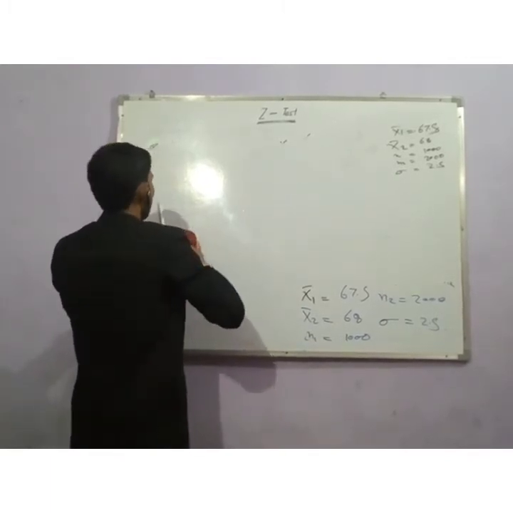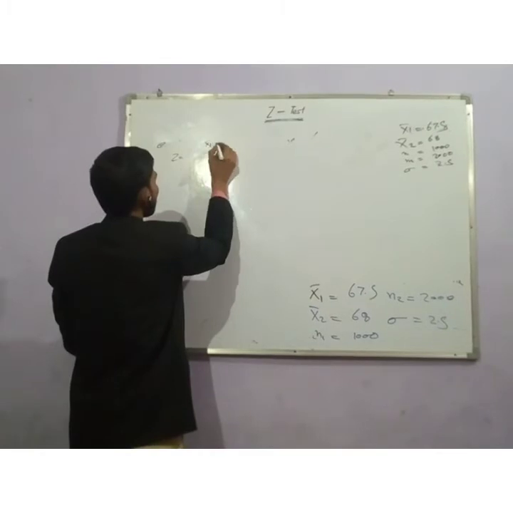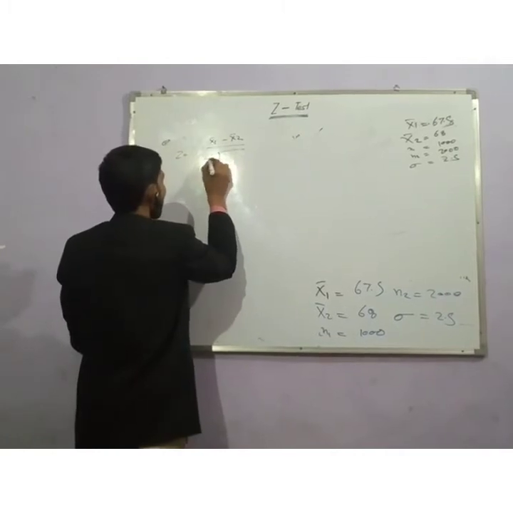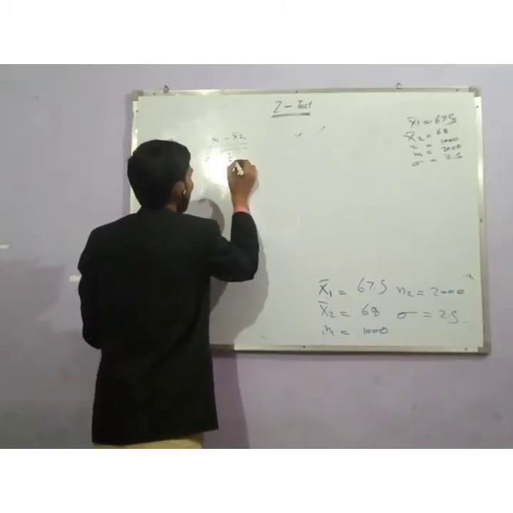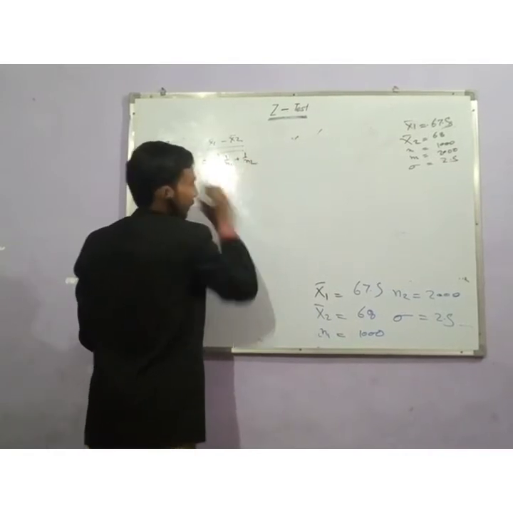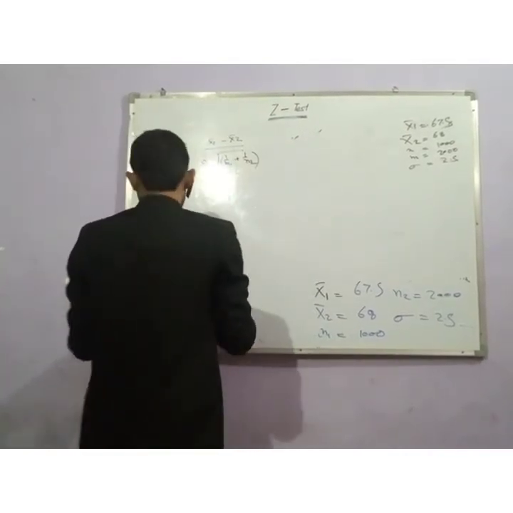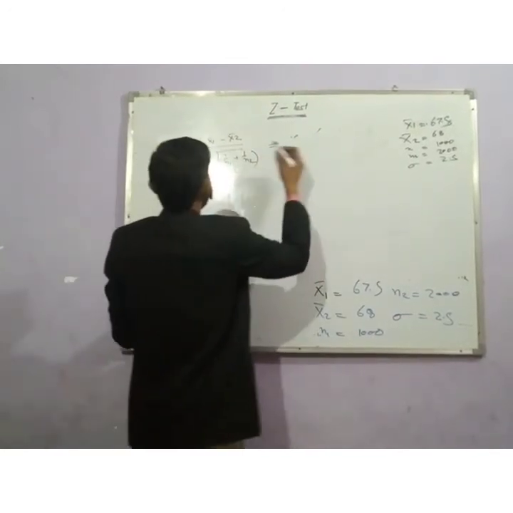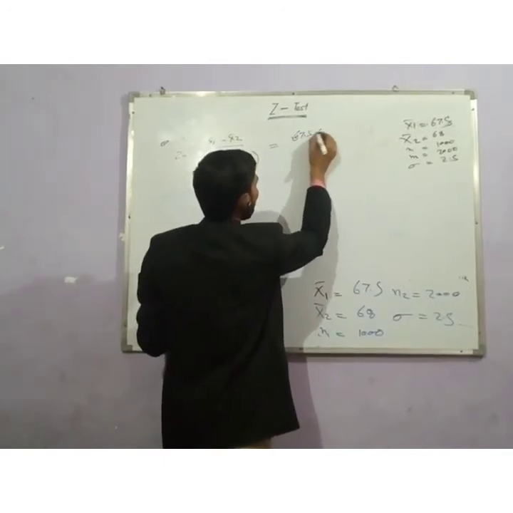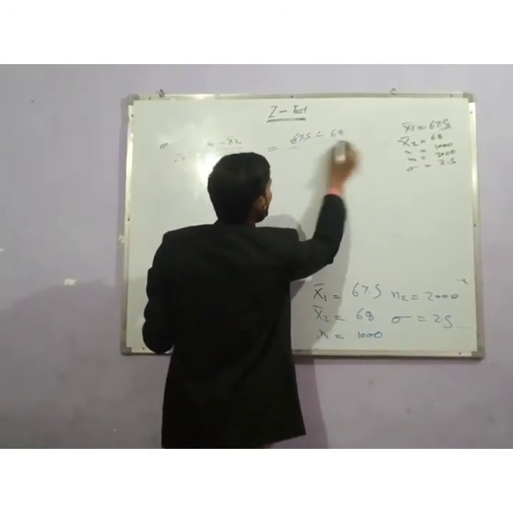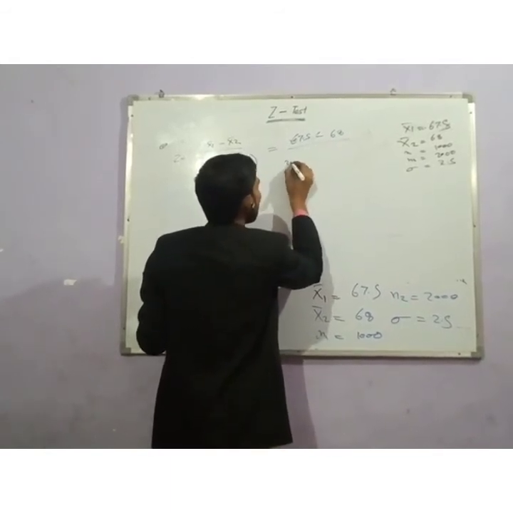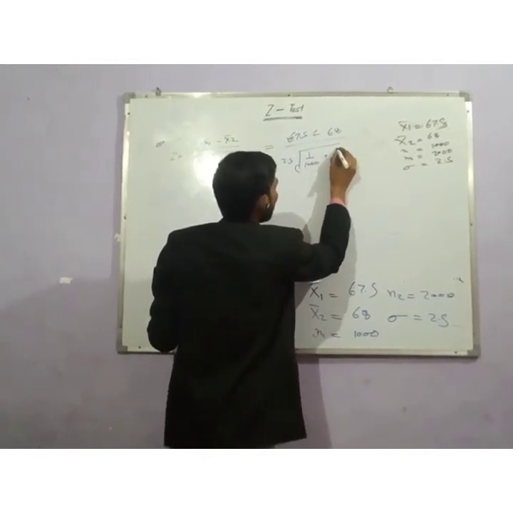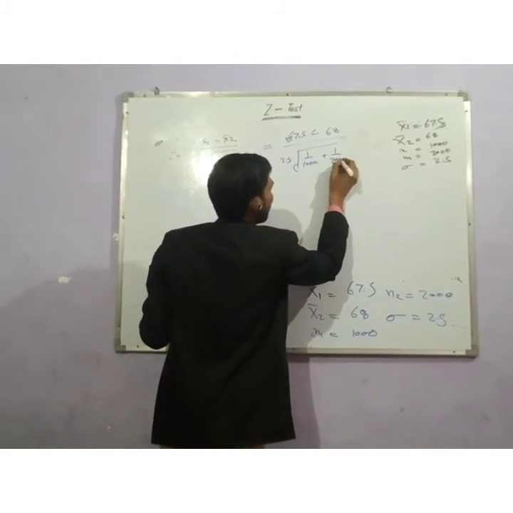The formula is Z equal to x bar 1 minus x bar 2 divided by standard deviation times the square root of 1 by n1 plus 1 by n2. Now put the values in the formula: x bar 1 is 67.5 minus 68 divided by standard deviation 2.5 times the square root of 1 by 1000 plus 1 by 2000.